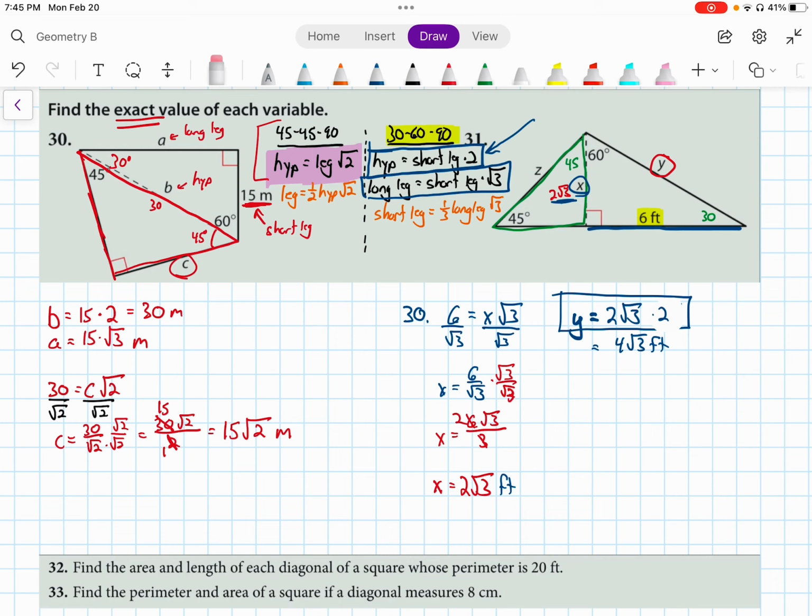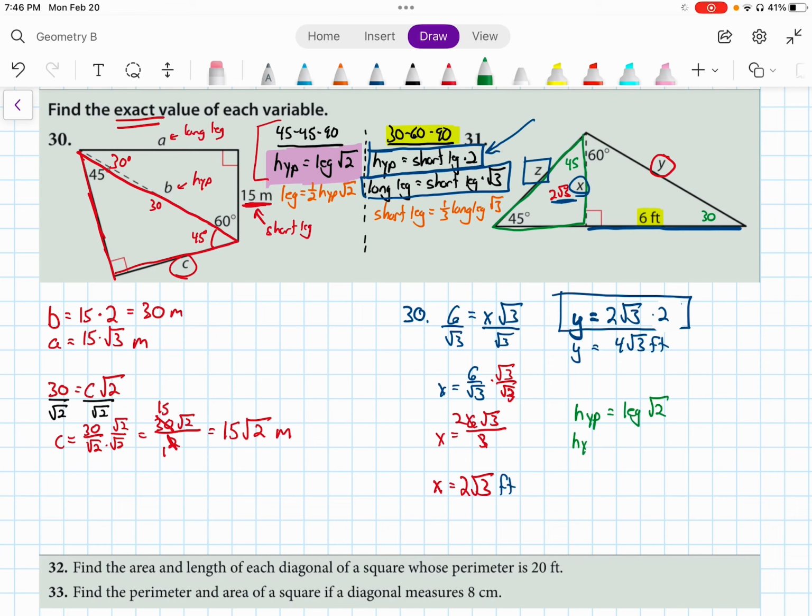And then lastly, we want to find z. Well, z is the hypotenuse of the 45, 45, 90. So in a 45, 45, 90, the hypotenuse equals a leg times the square root of 2.